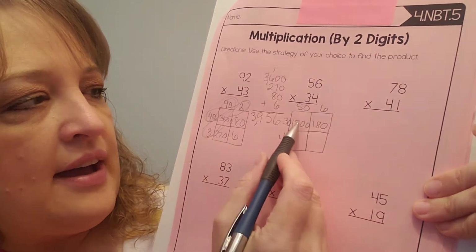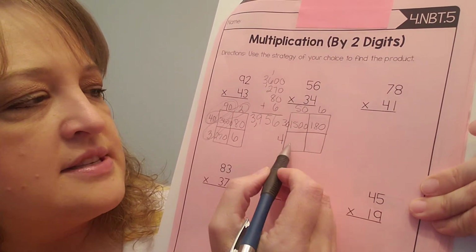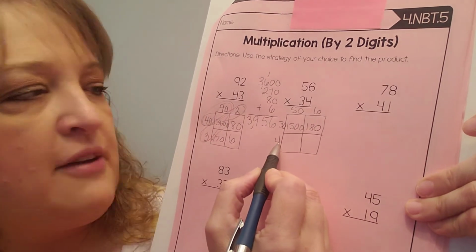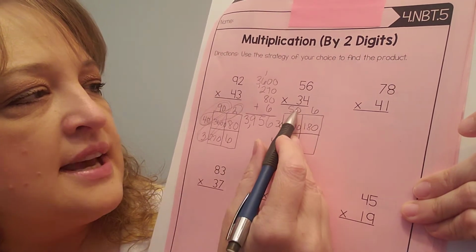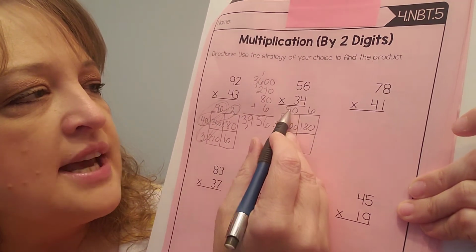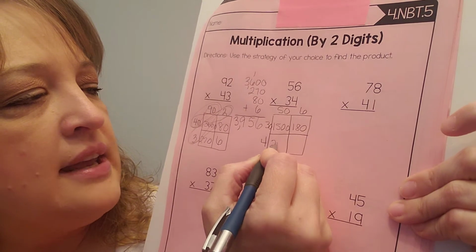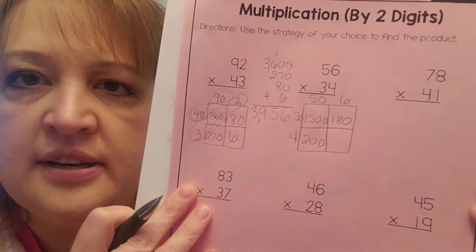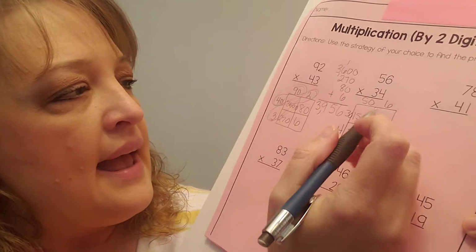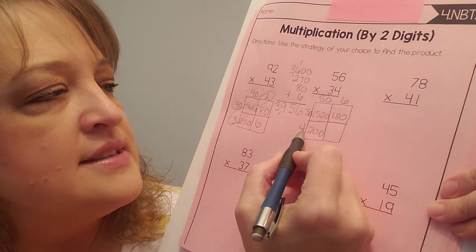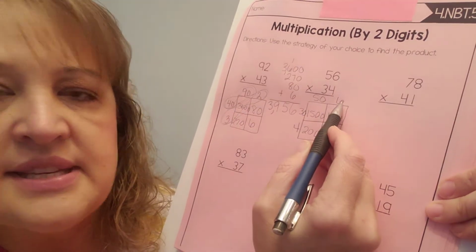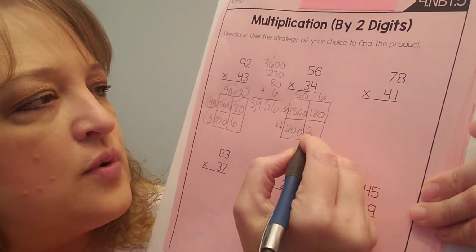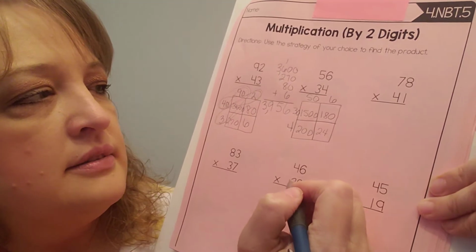Okay. Now I've got those 2 boxes filled in. So now I need to move down here to my 4. 4 times 50. 4 times 5 is 20. And then I have a 0, so 200. And then my last one is my 4 times 6 is 24.